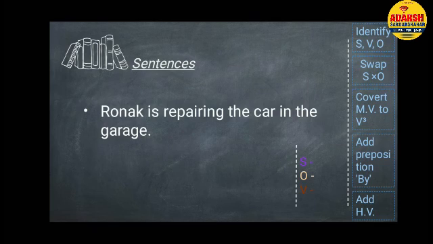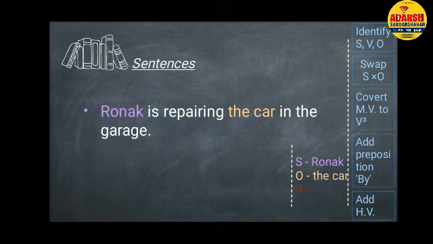In this sentence, our subject is the doer. So here our doer is Ronak because Ronak is performing the activity of repairing. So Ronak is our subject. Let's go towards the object. Here our object is the car because on the car the activity of repairing is performed.